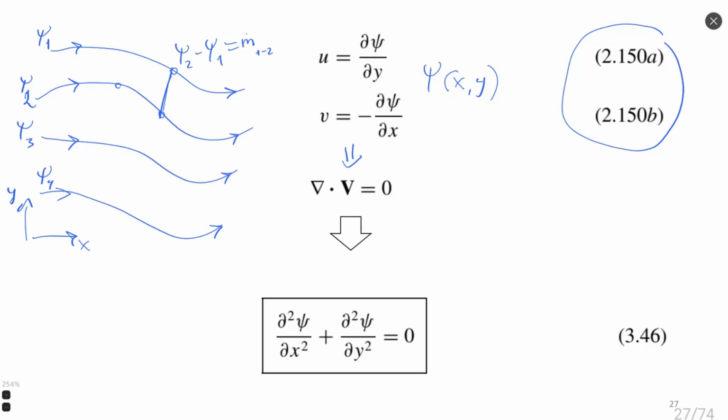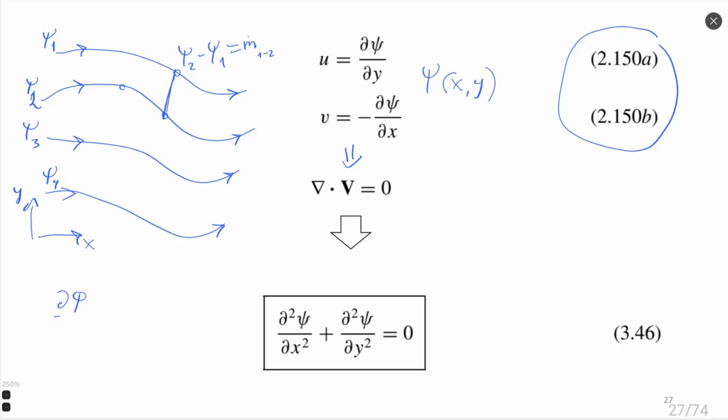So as well as the potential function, (df by dx) squared plus, just a moment, as well as the potential function, the streamline function can also be inserted inside the Laplace equation. So the form of the equation is the same. It's not important which function we are using. We can use either the potential function or the streamline function inside the Laplace equation.